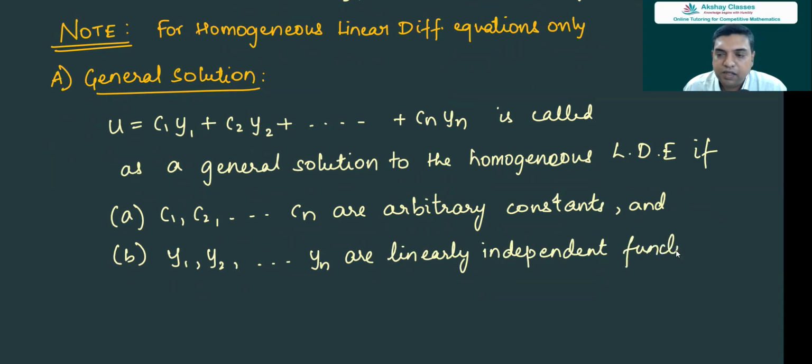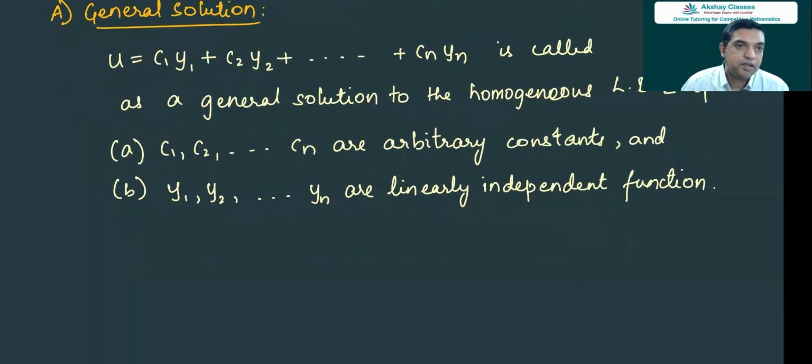That means y1 cannot be x square and y5 cannot be x square, then they are linearly dependent. Or y1 is x square, y5 is 3x square. They are linearly dependent. We cannot have functions like that. They should be independent.